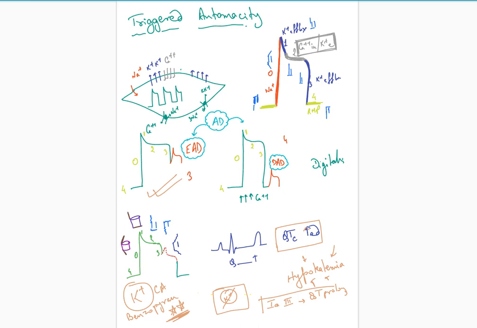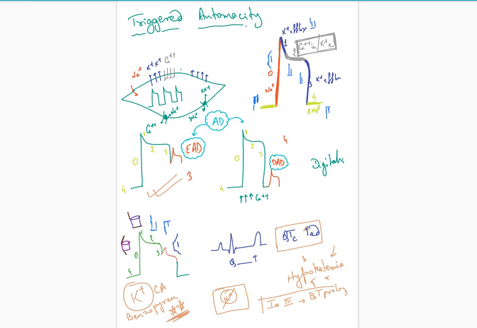And I think you should better know this, because if I talk about class 1A drugs, that is primarily quinidine. Class 1A: procainamide, quinidine.